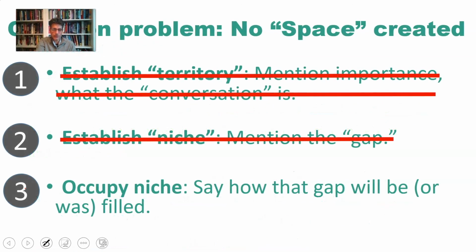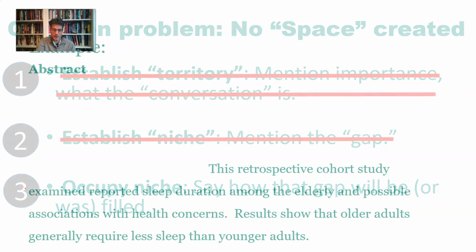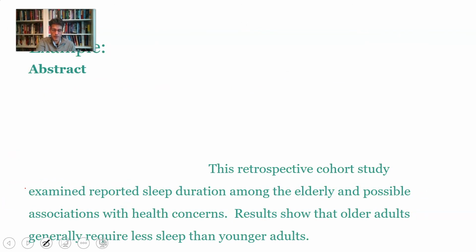I've also seen very often a move one missing. What that basically looks like is just a person saying what they did. This retrospective cohort study examined reported sleep duration among the elderly and possible associations with health concerns. Results show that older adults generally require less sleep than younger adults. Yes, such abstracts can get published.